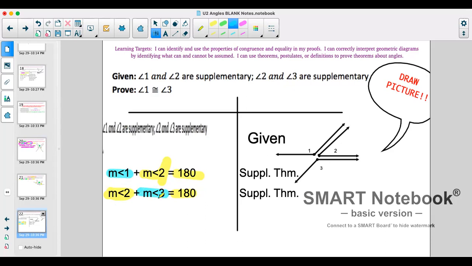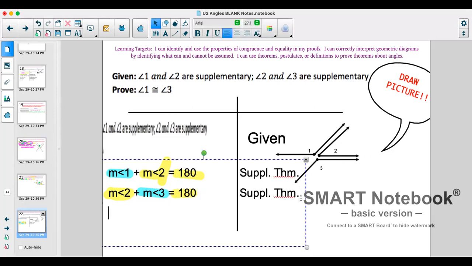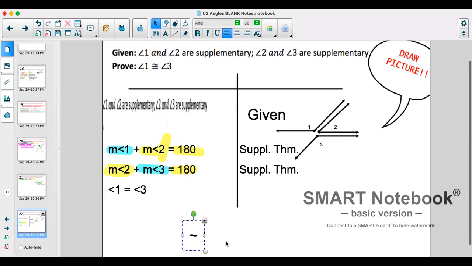Now I could say that by subtracting the measure of angle 2 on both sides and then substitution. I could get there in a different way. Or if I wanted to go straight to my proof, which says angle 1 is congruent to angle 3, gotta do my squiggle.